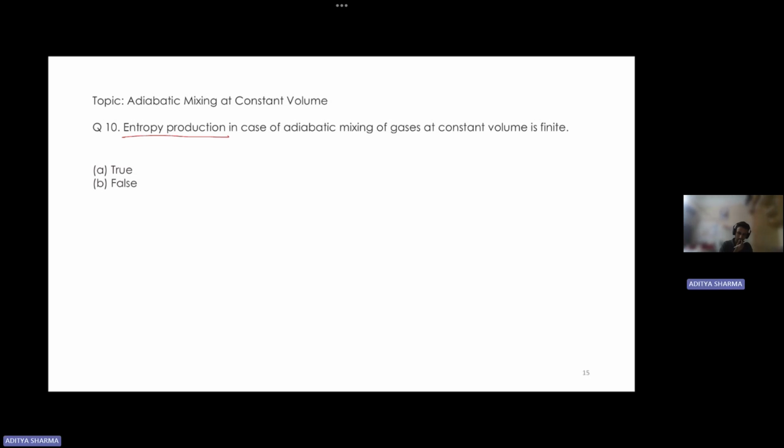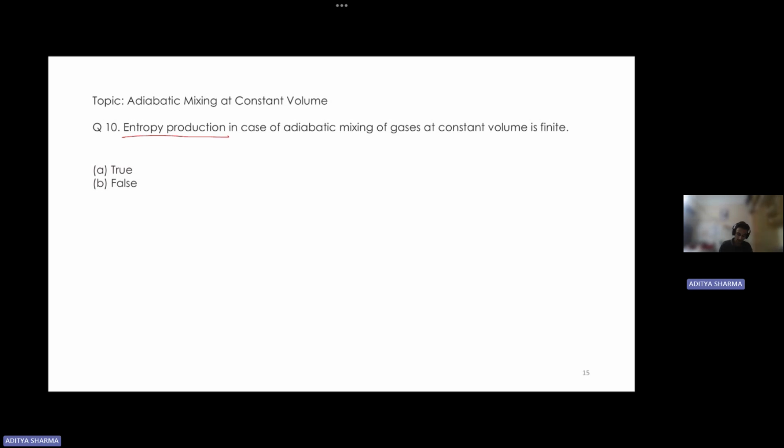So whether the entropy production is finite or not in case of adiabatic mixing. We have seen that in case of mixing, there are irreversibilities because of this mixing, and the factors that contribute to those irreversibilities have also been mentioned previously. So if there is mixing, then there will be entropy production.